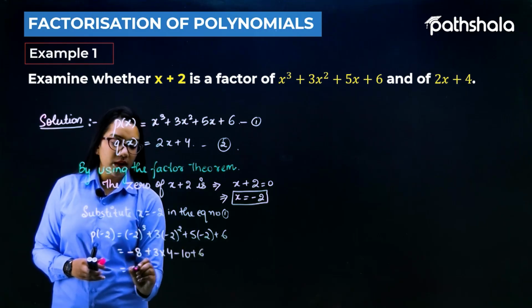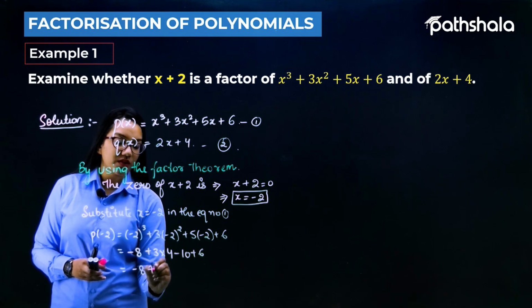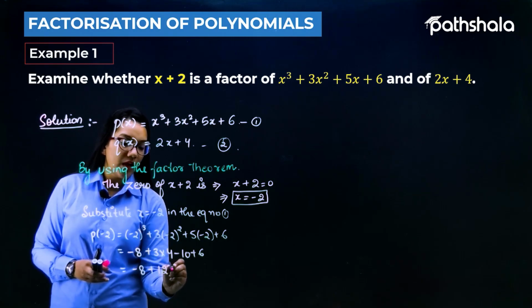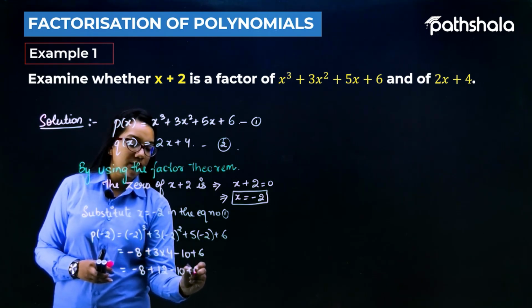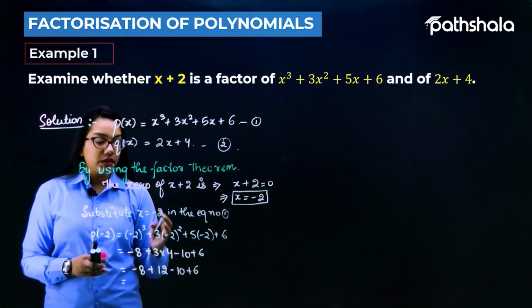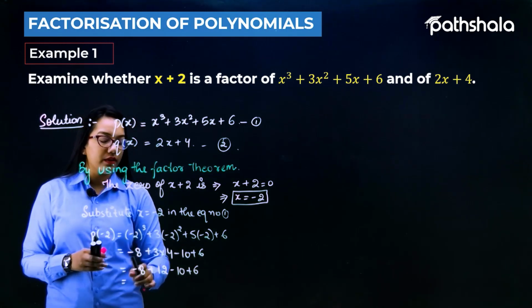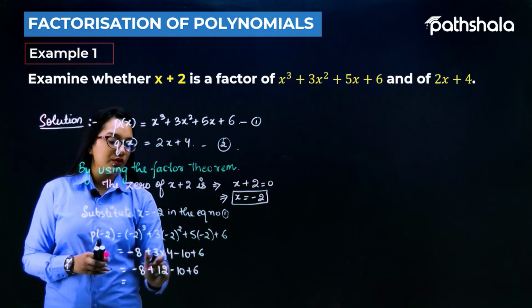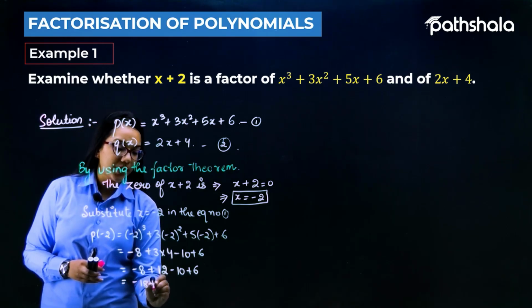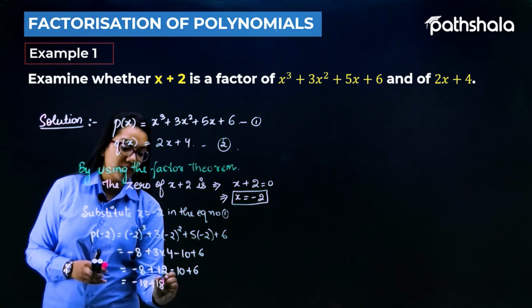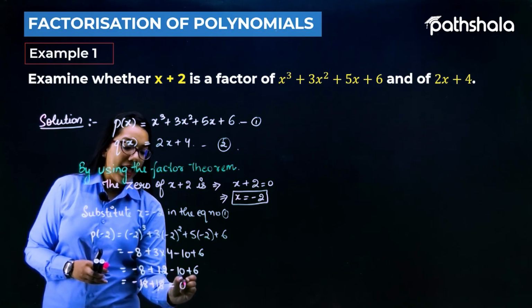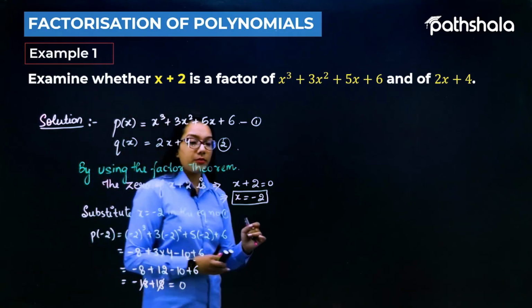So at the end what we are getting? We are getting minus 8 plus 3 into 4, which is 12, minus 10 plus 6. Now let's add up the terms that have similar signs together. So minus 8 minus 10 is minus 18, plus 12 plus 6 is 18. Obviously 18 and 18 get cancelled and hence the answer is equal to 0.